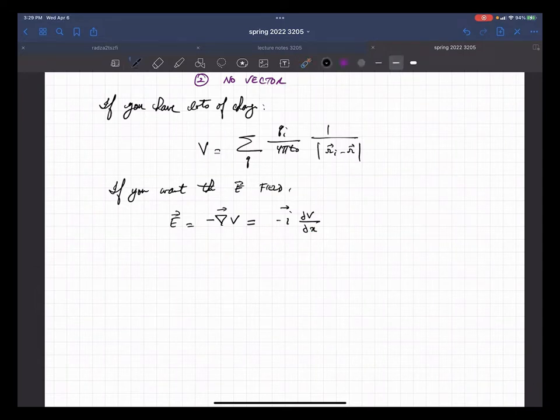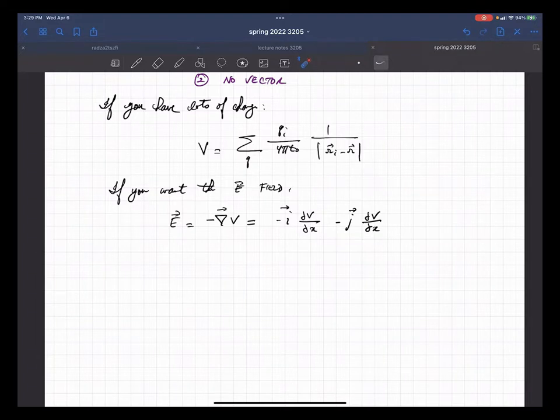And then you add, or I guess you just subtract, minus j dV/dy. So the x component of the electric field would be minus the change of potential with respect to x, and the y component would be minus the change in potential with respect to y.